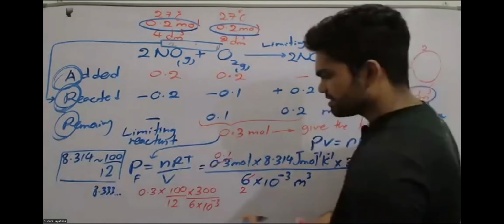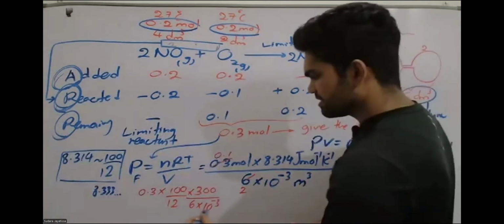You can cancel this 3, so it's 0.12 here, and you can cut this 100, and here you can cut 4. Now it is kind of easy to simplify.